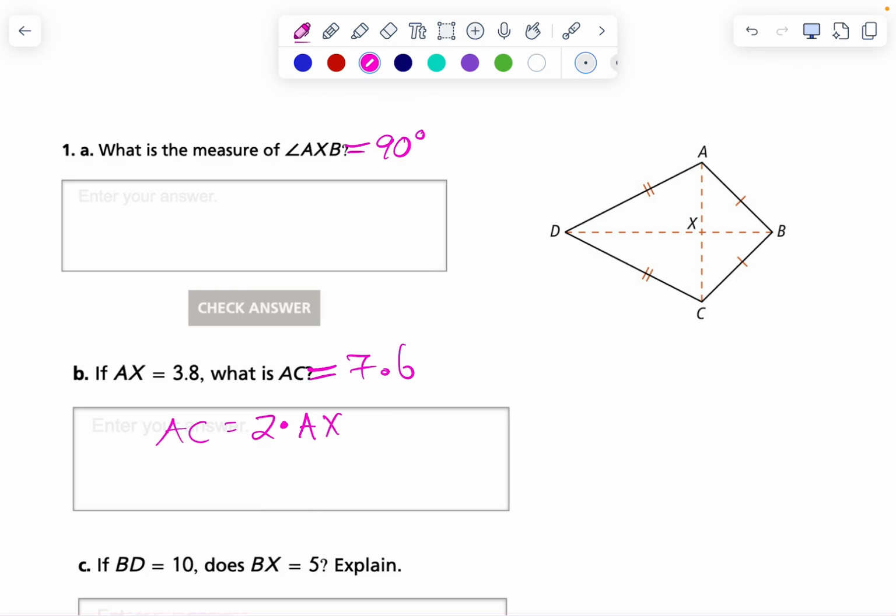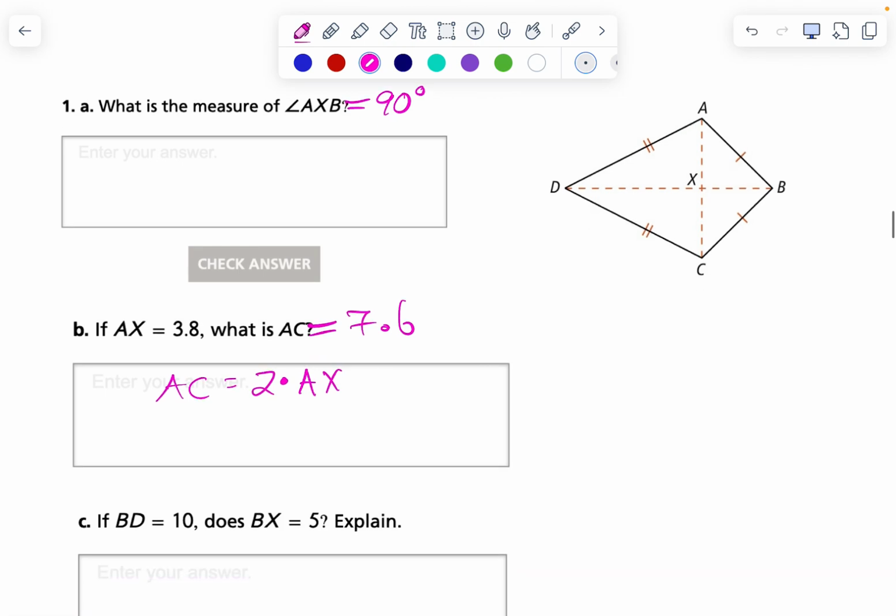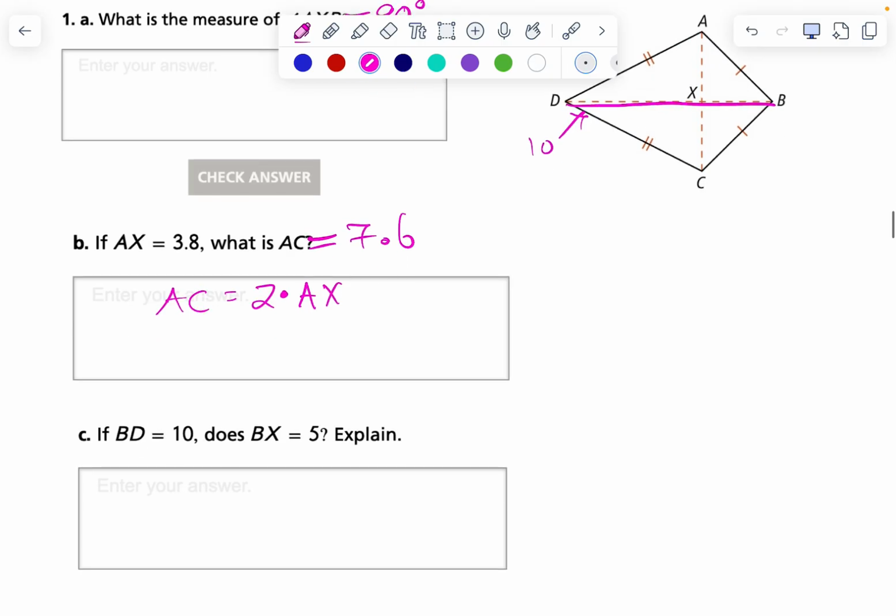All right, next one. If BD equals 10, that's hard to show because if I write it, it looks like it's just part of the length. So I might just do it this way. If BD equals 10, does BX equal 5? Okay, what do you think? Why not?